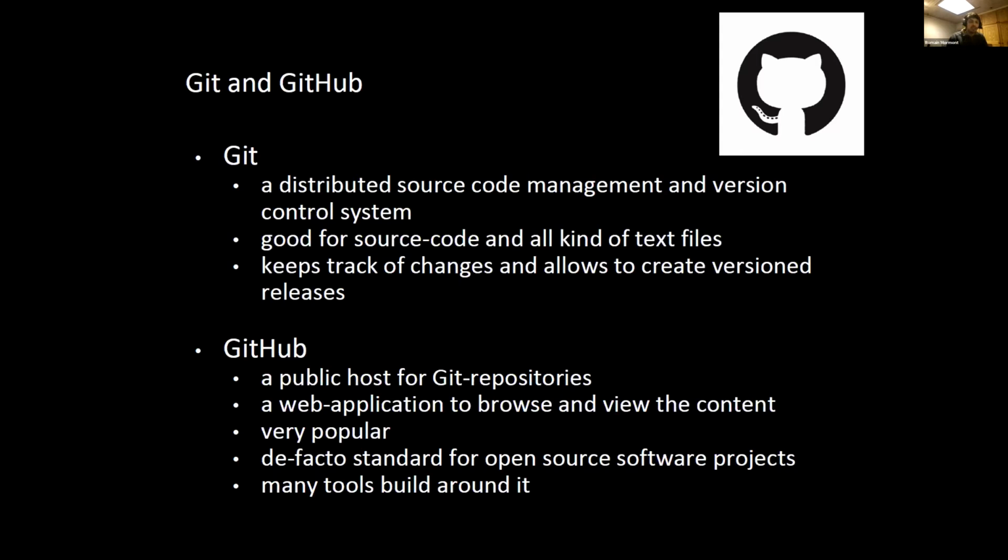Git is an independent software, and then you have GitHub, which is a public host for Git repositories. So it's now kind of a standard to share and to provide open source software projects. They have a lot of very useful features related to Git to provide your code, and also document it and interact with your community.